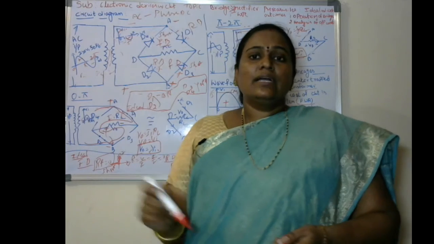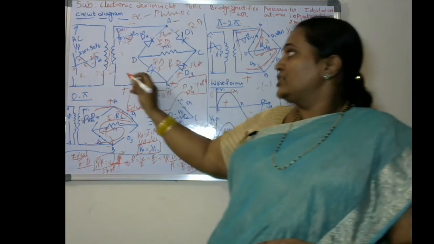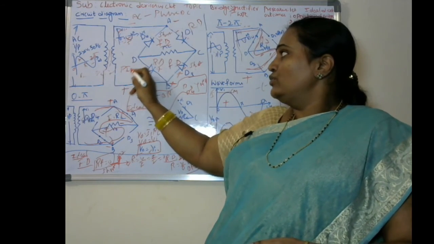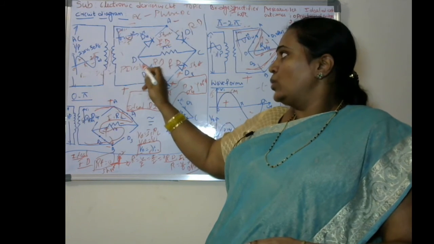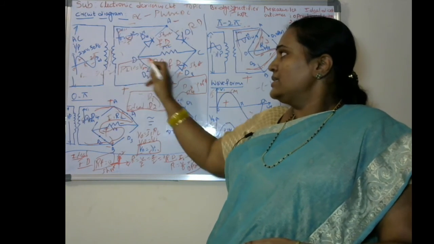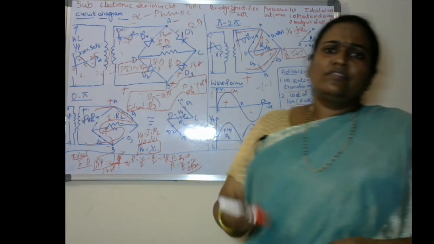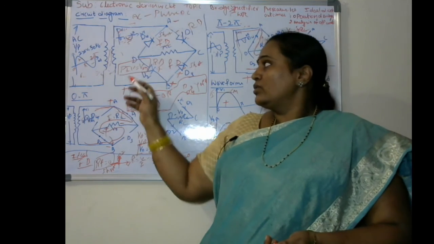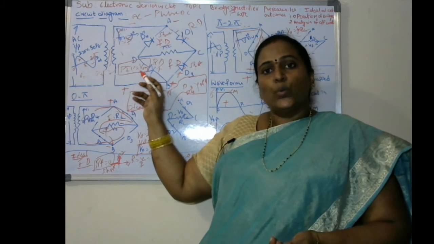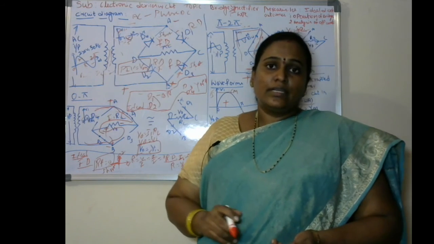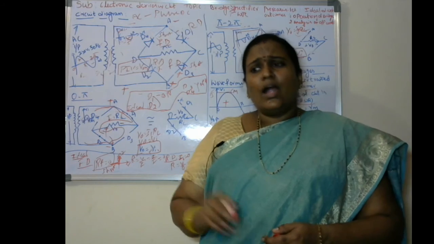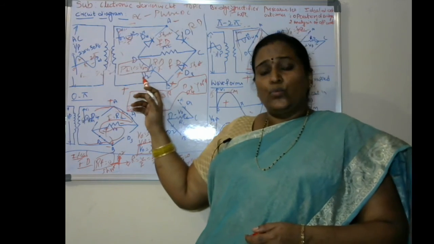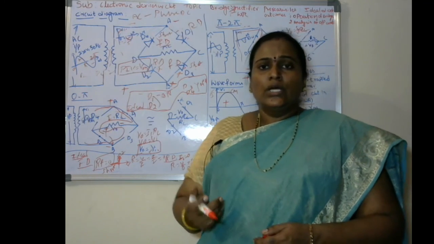The main reason we go for the bridge rectifier is that the peak inverse voltage is only Vm. That is a major advantage. The efficiency of a full wave rectifier and a bridge rectifier is the same, but the peak inverse voltage for the bridge rectifier is Vm, while for the full wave rectifier it is 2 Vm. And the cost of the circuit is very less when compared to the full wave rectifier.